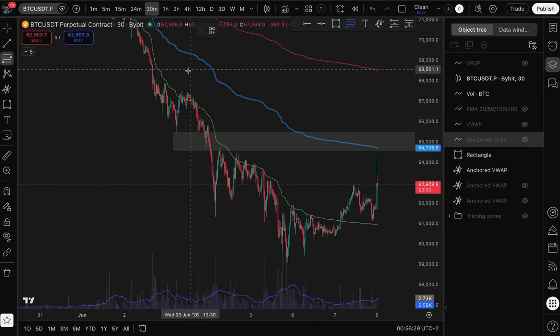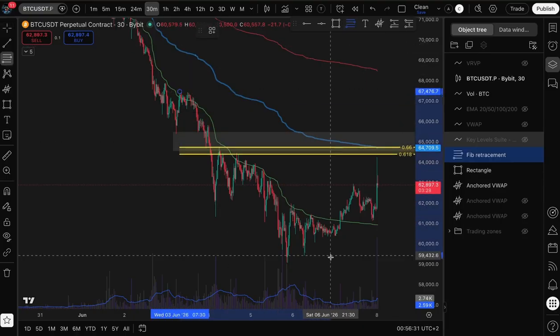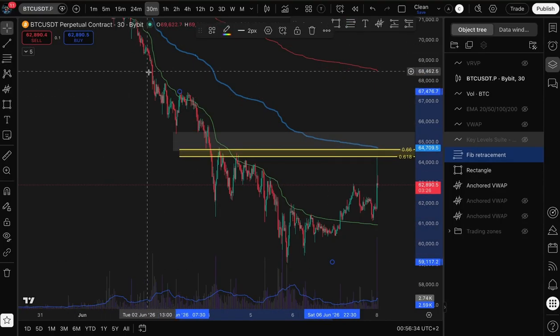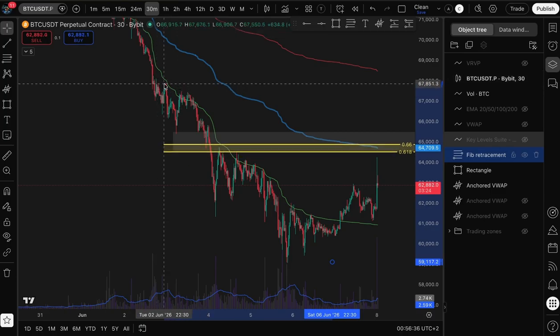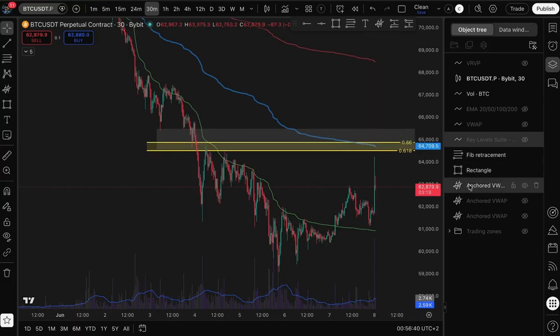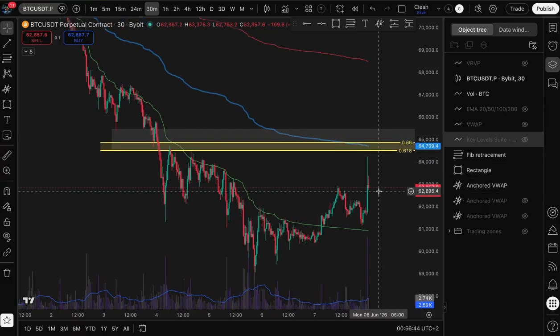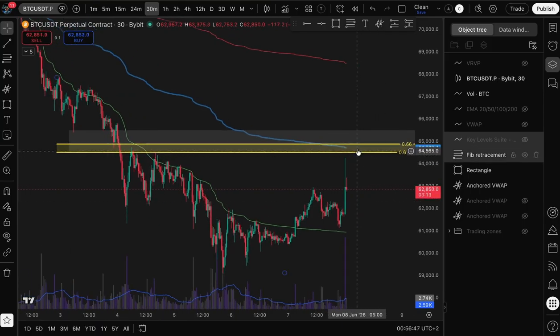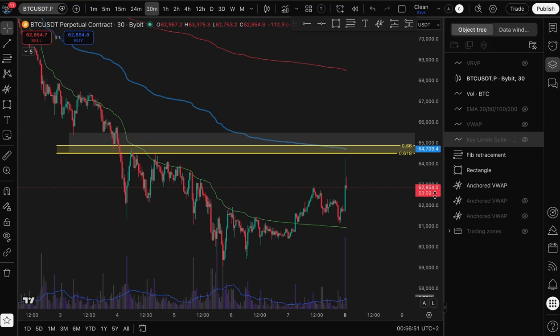And we can also, for example, just pull a fib from this high, and we can see we have the golden pocket start pretty much just in the VWAP. So that's a strong resistance area. So potentially looking for some bearish signals up here to take a short trade would potentially be a great idea for a day trade or a scalp, potentially.